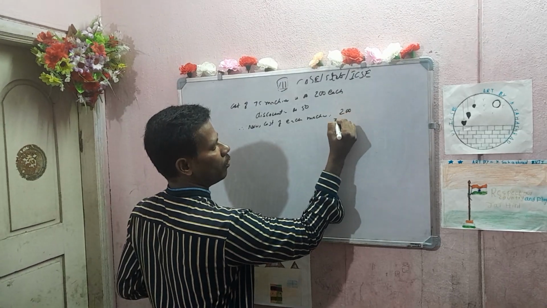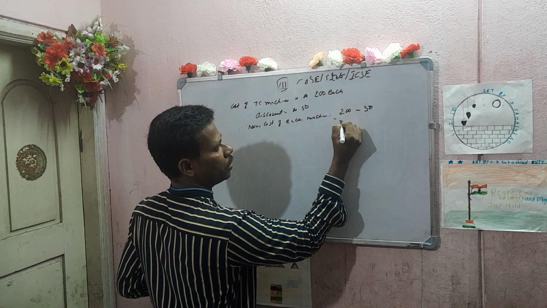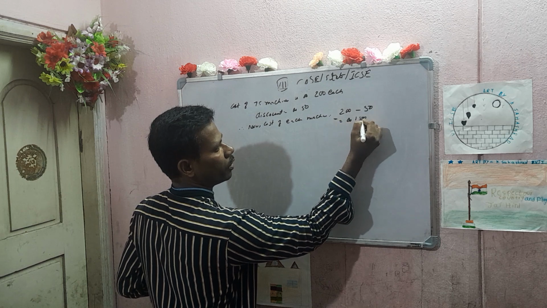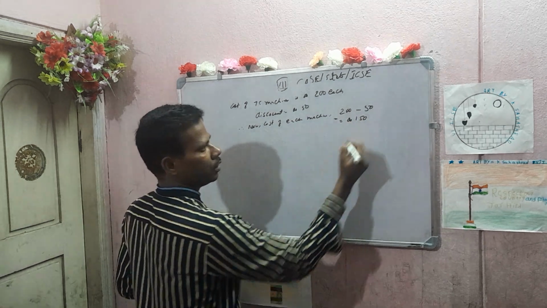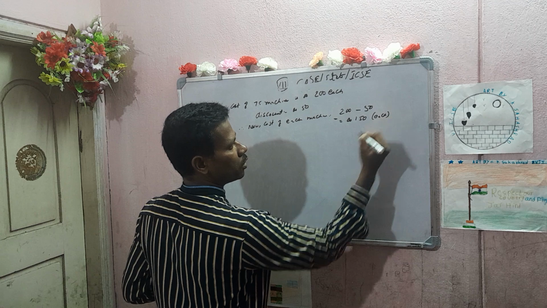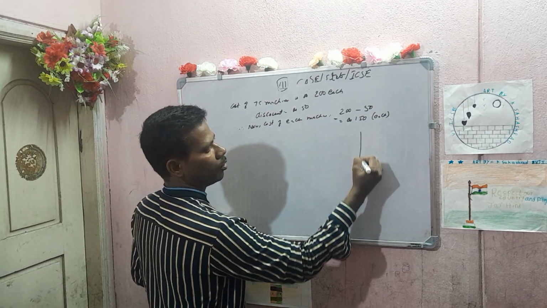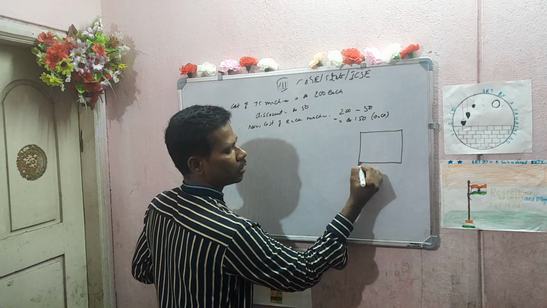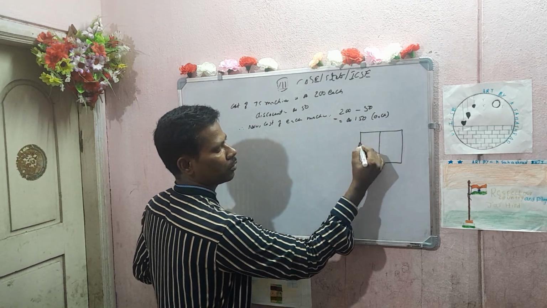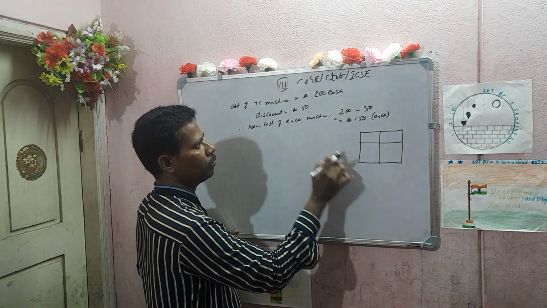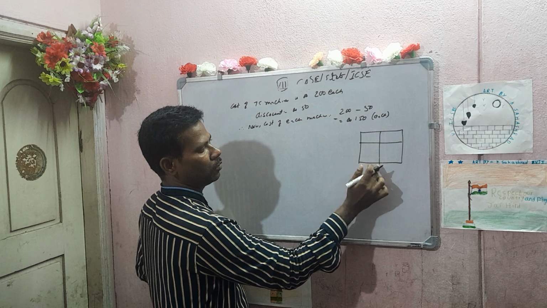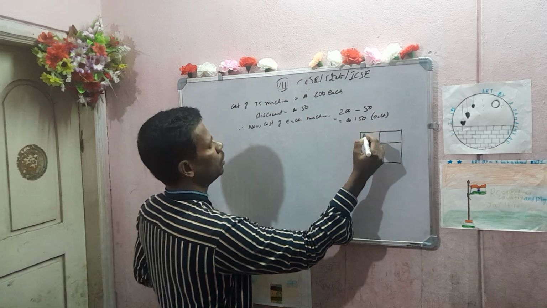So 200 minus 50, that is nothing but rupees 150. You can write here each. Next, make the box here. Just to understand, what is given? Machine.